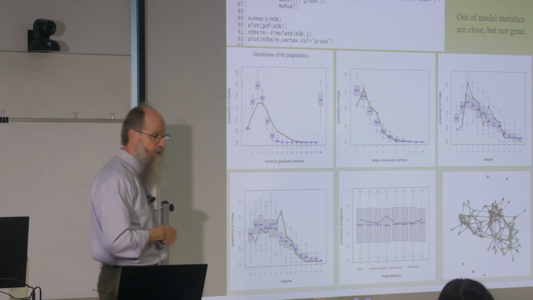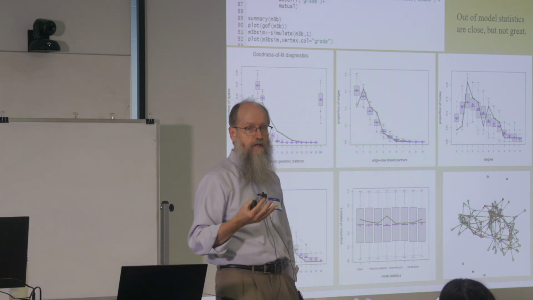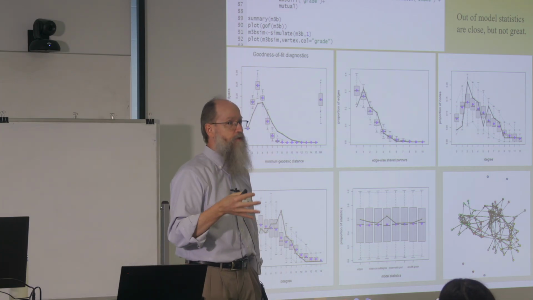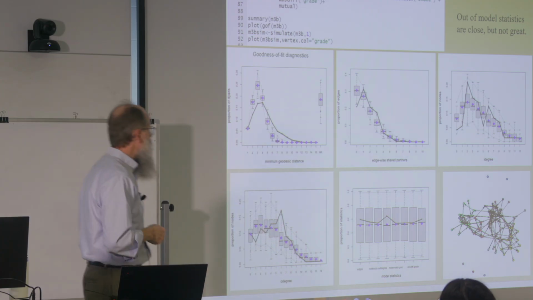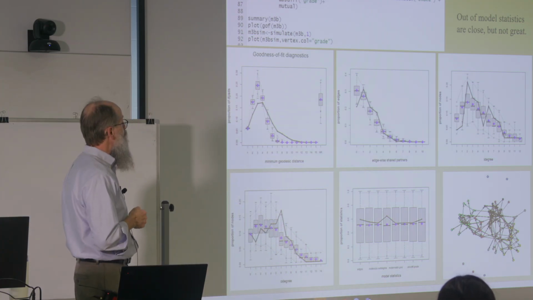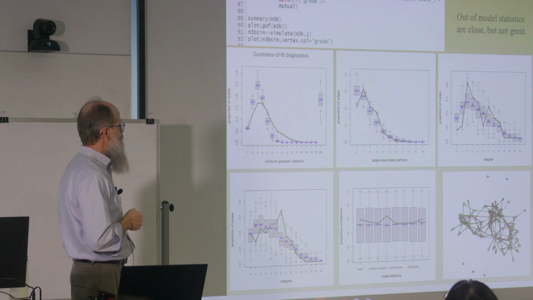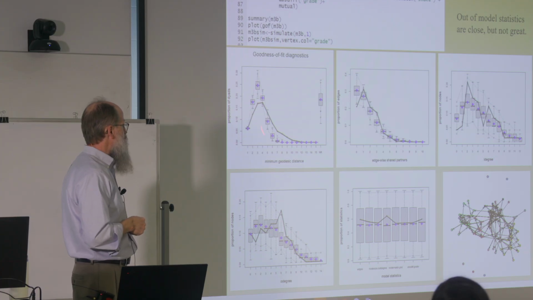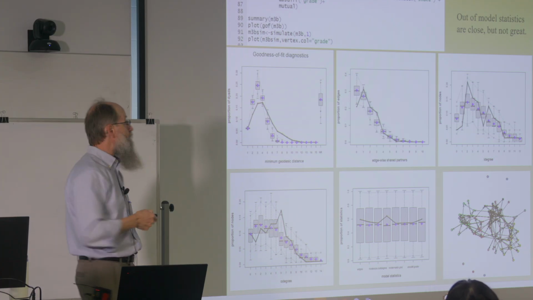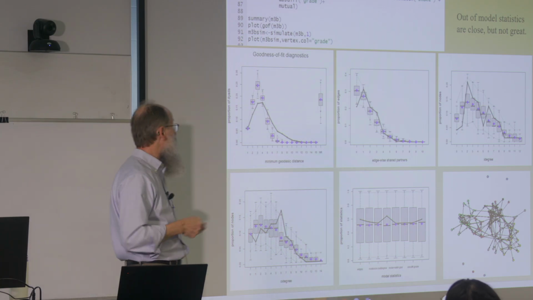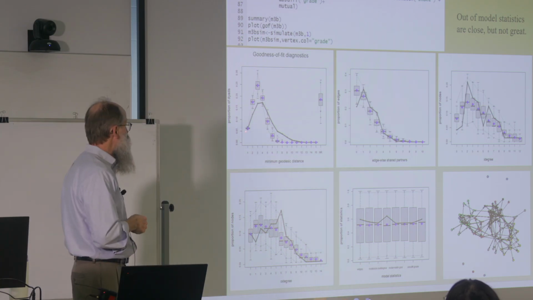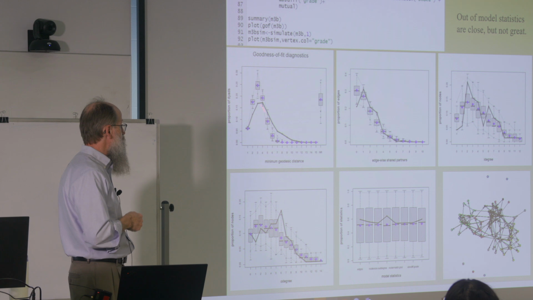So in this case, it's the distribution of distances in the network. So any graph that I've observed has a set of shortest paths, and we know what that entire distribution of shortest paths is. And I haven't put a shortest path term in my model. I've put lots of other things in there. And so this is an out-of-sample prediction. And if these things are effective at capturing the important structure of this network, then this line should fall within the reasonable bounds of this line.